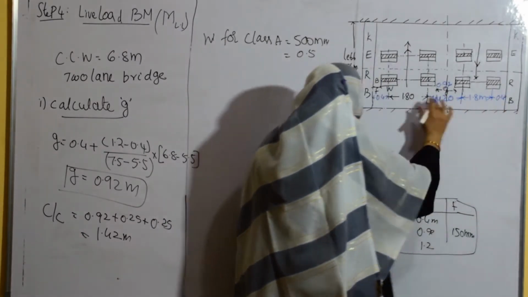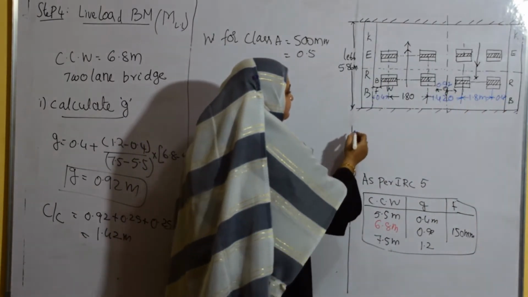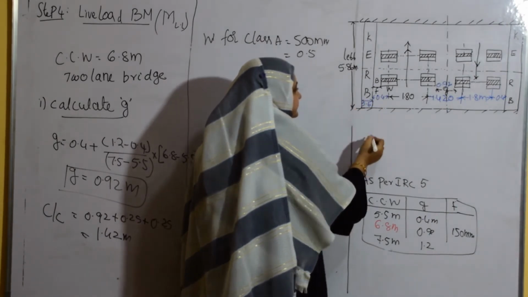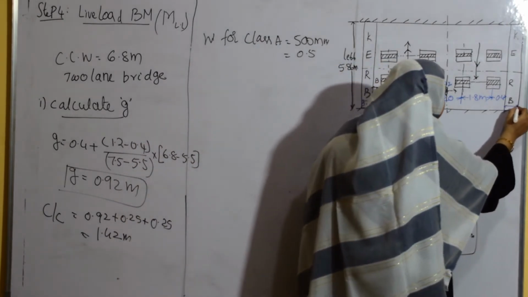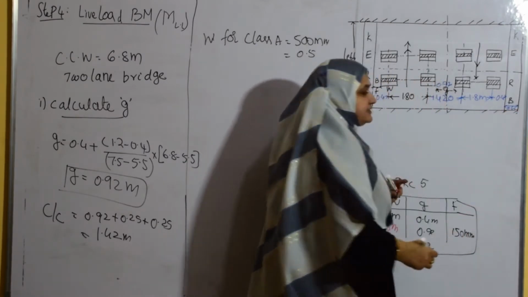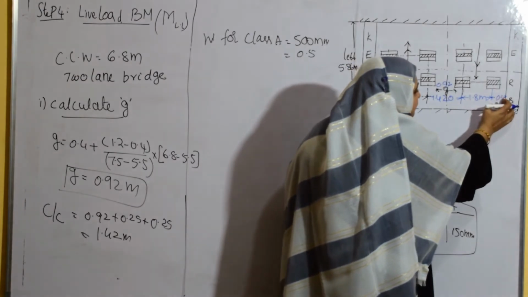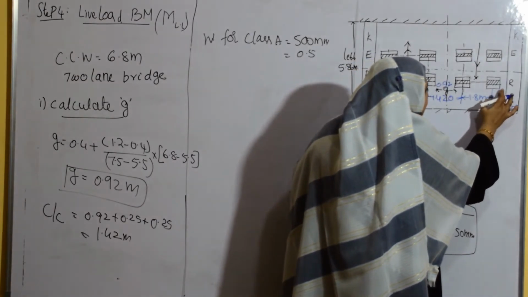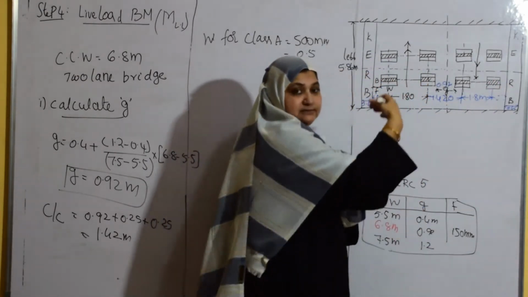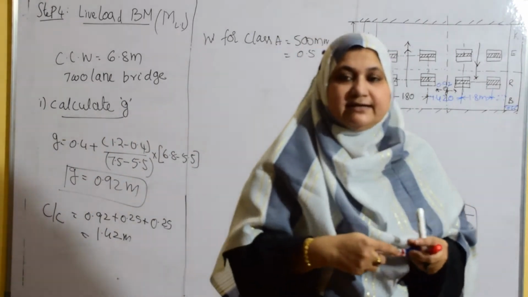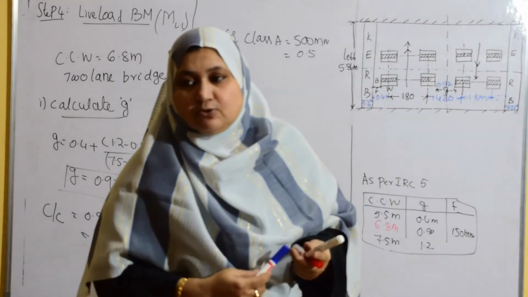Like this you have got the complete width of the carriageway, and you also know that this is 600 mm or 0.6 meters. Whatever is remaining after this you can take as continuation, because we won't get exactly the center, so we have to place the loading like this.